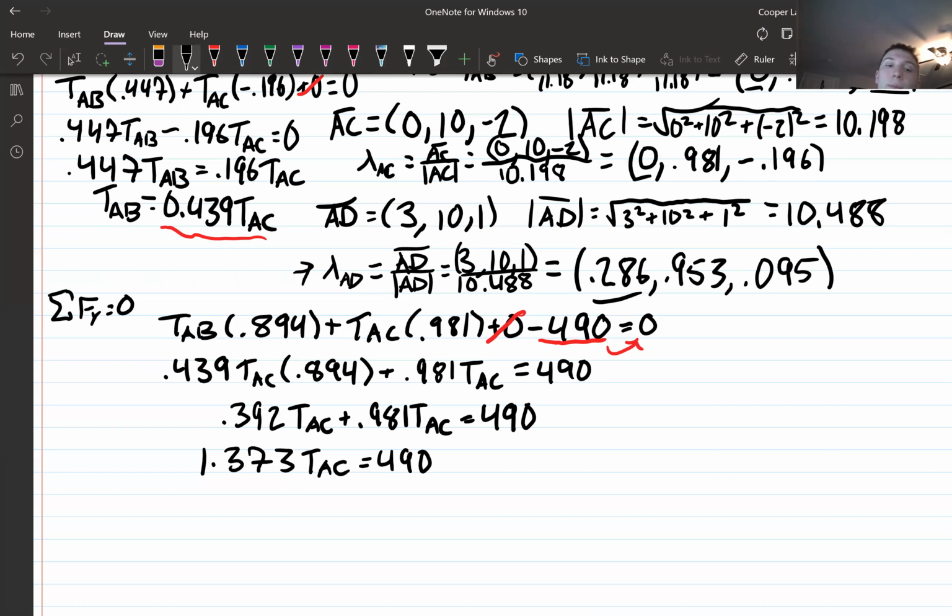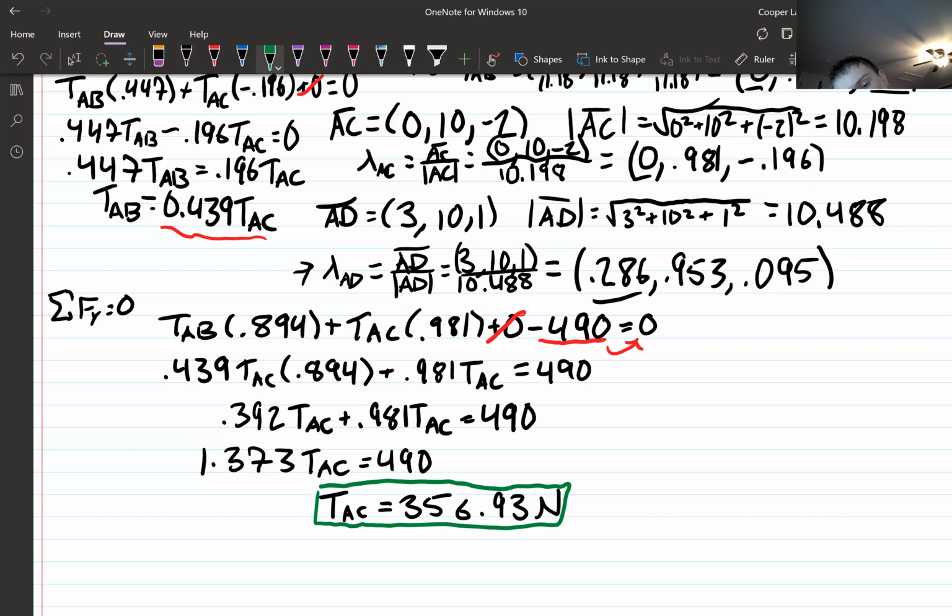Now I'm going to divide by my 1.373, which then gives me TAC equals 356.93 newtons. And that is my tension in cable AC, because that's what TAC stands for, which means this is my final answer for question 1. Thank you.